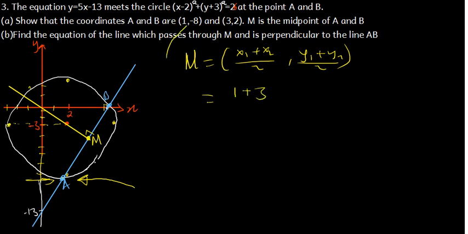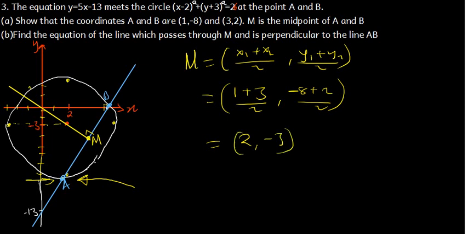The coordinates we are getting are these which are here. That's the value of the point A and the point B, and then that divided by 2, comma y1 is negative 8, y2 is a 2, that divided by 2 also. So this is going to give us 4 over 2, which is a 2. Negative 8 plus 2 is a negative 6 over 2, that is a negative 3. So this is the point of M. These are the coordinates of M.